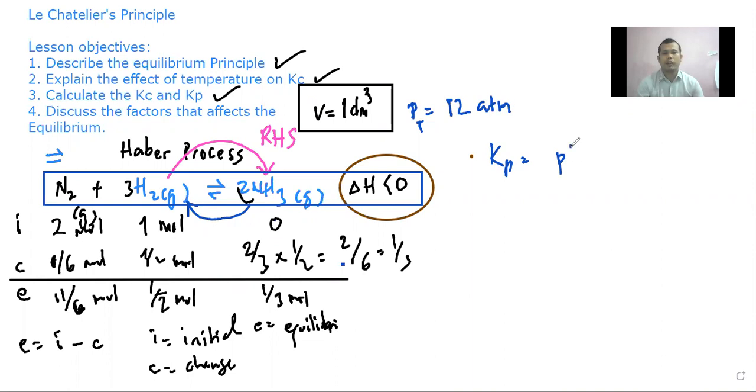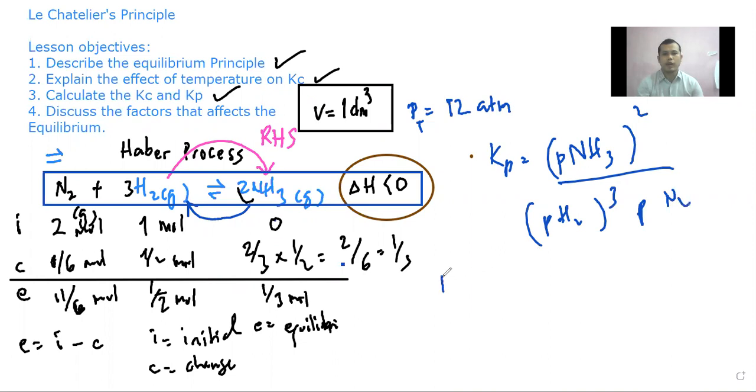P of ammonia power 2 divided by P of hydrogen power 3 and P of nitrogen. But how about P, the pressure of nitrogen? It is the ratio of this one. So 1 over 3 divided by 11 over 6 plus 1 over 2 plus 1 over 3. That's how you do it, and that's the partial pressure of ammonia. Then what about the partial pressure of hydrogen?